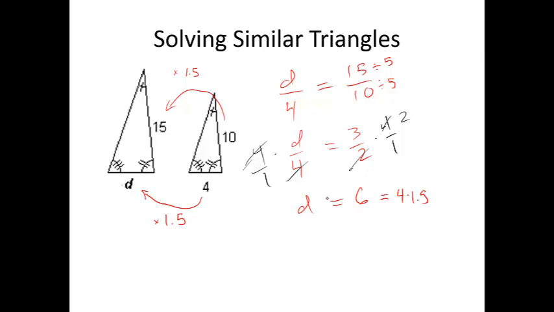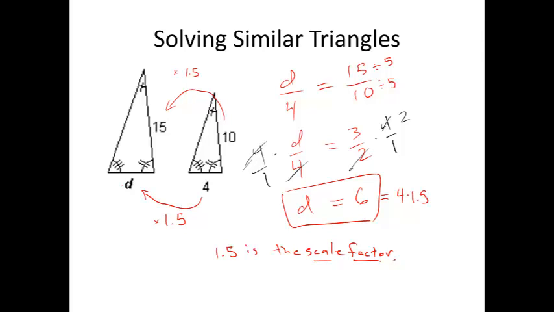So the answer is 6 here, right? We solve for the unknown quantity, but we can say that 1.5 is the scale factor. What this means is that this rectangle is 1.5 times as large as that. We just multiply all the sides by 1.5.